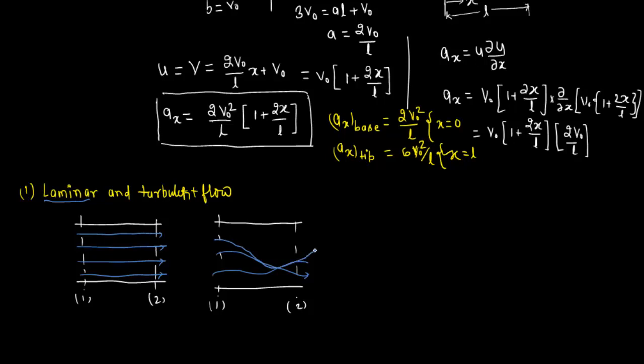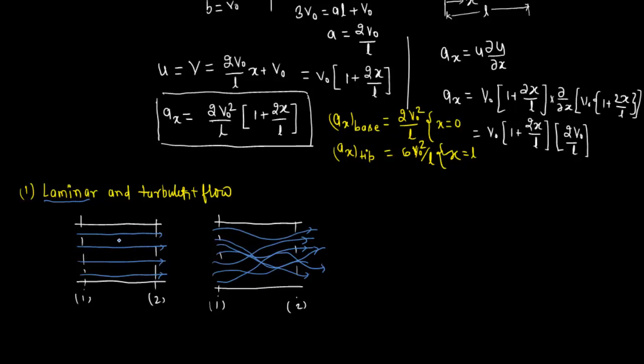When this intermixing happens, we define the flow as turbulent. And for turbulent flow there is one more term used: there is some transverse velocity or transverse fluctuating velocity. What is the sense of transverse fluctuating velocities?